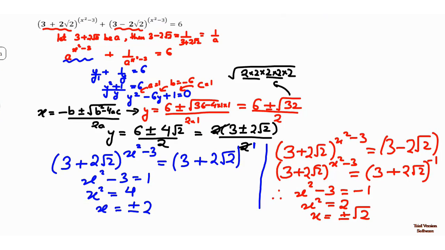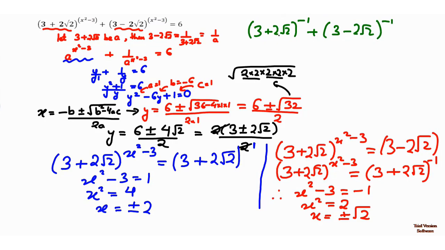These are supposed to be the answer, but if you have a confusion with this root 2 one, you can even put it in this equation and check. If we put x as root 2, we'll get 3 plus 2 root 2 whole to the power root 2 square is 2 minus 1. 2 minus 1 is negative 1, plus 3 minus 2 root 2 whole to the power again negative 1.